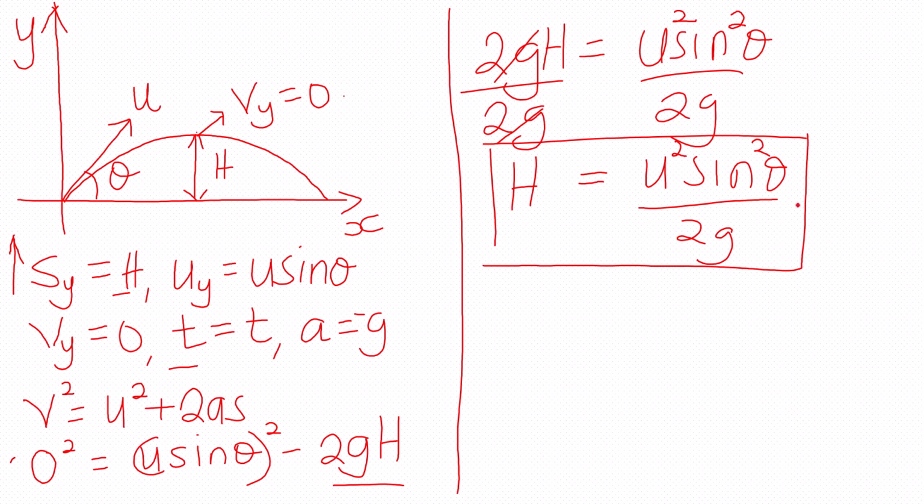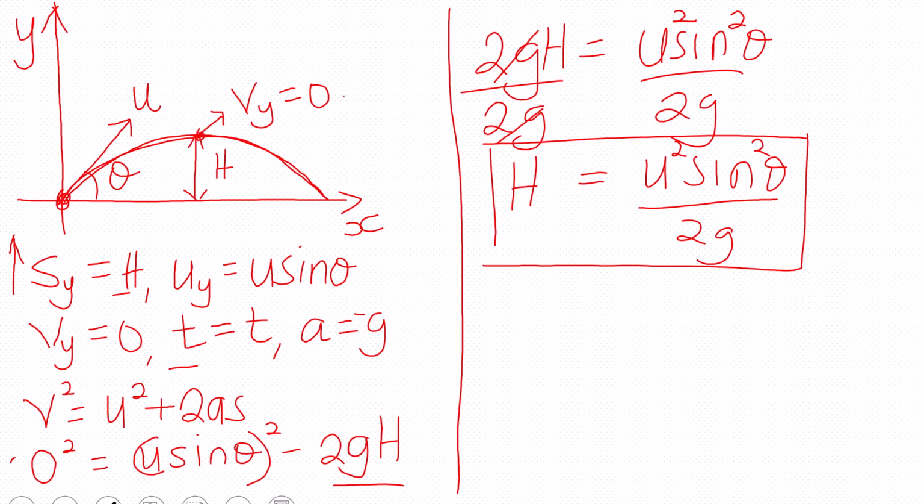So let's now see how we can derive the equation we can use for the time of flight. We can use two alternatives for time of flight. We know that the time the particle takes to move from here up to here can be multiplied by 2 to get the total time for the whole flight. So if we can get the time from here up to here, we just need to multiply it by 2, and that's all.